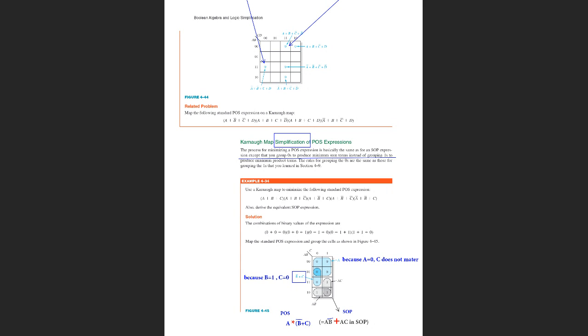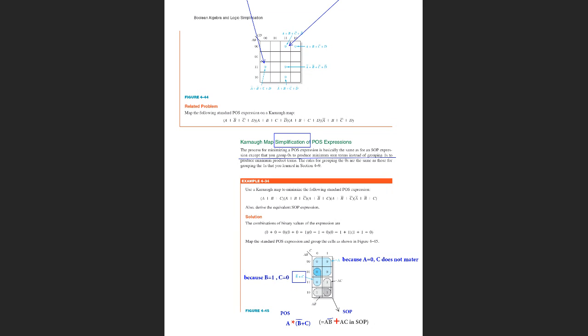So in SOP, we've been adding the groups. Here we are multiplying the sums. So the first sum was A, the second sum was not B plus C, and we multiply them. Different from minimizing SOP and creating a minimal SOP expression, in the minimal POS expression, we multiply.